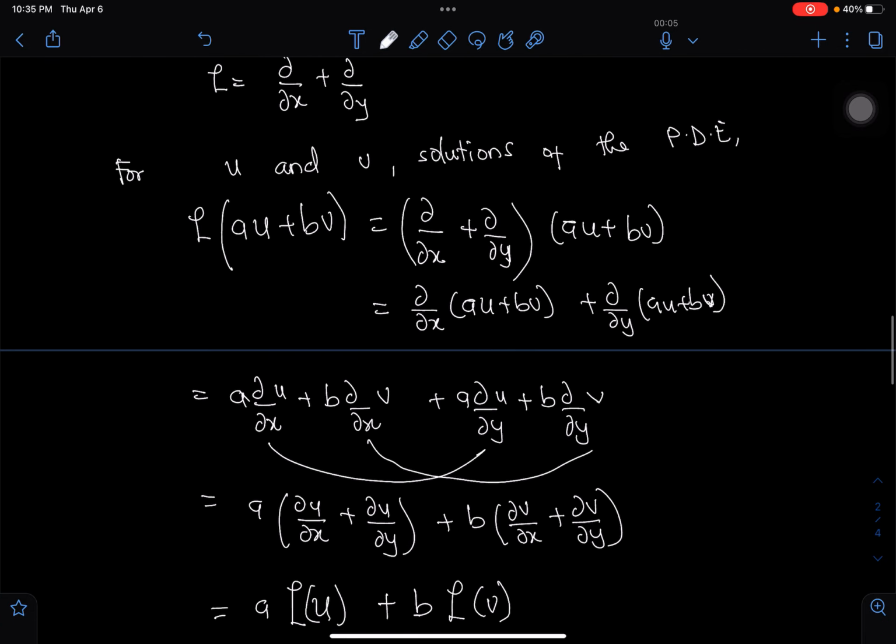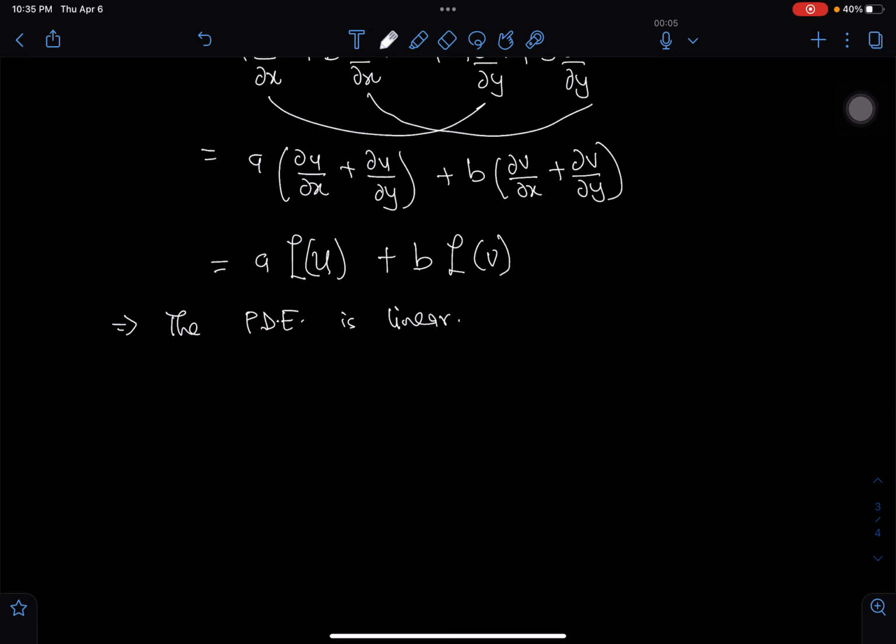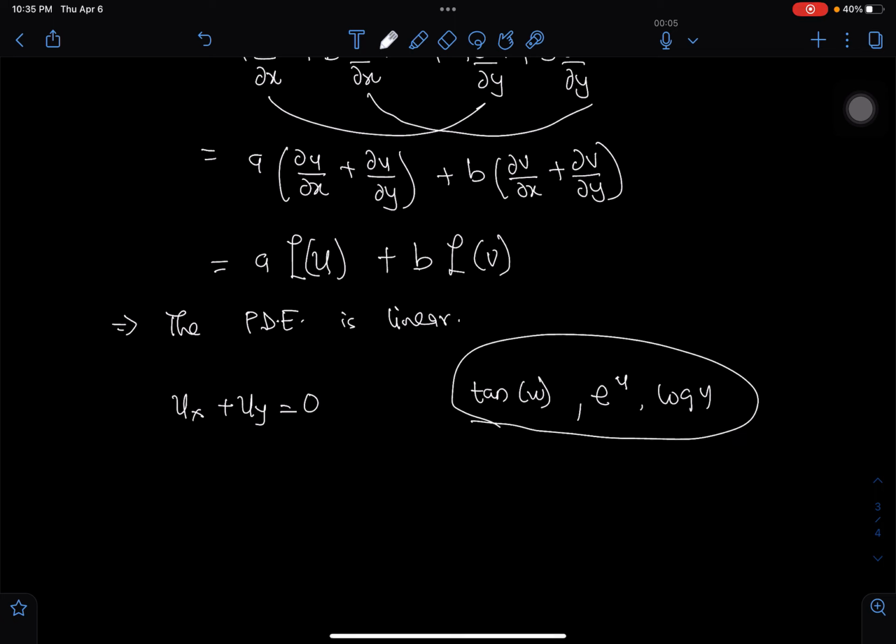But an easy way for linearity is that anytime you have a PDE in which you don't see transcendental functions of the dependent variable, I mean, if you don't see tan u, you don't see exponent of u, you don't see log of u, and at the same time you don't see powers of u and products of u and its derivatives, then you always have a linear PDE.